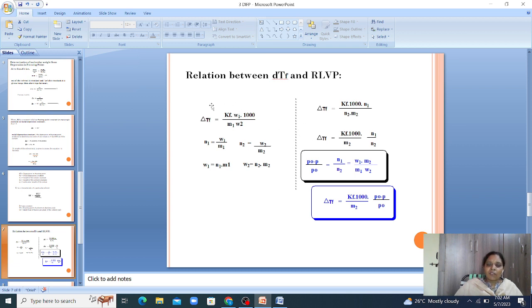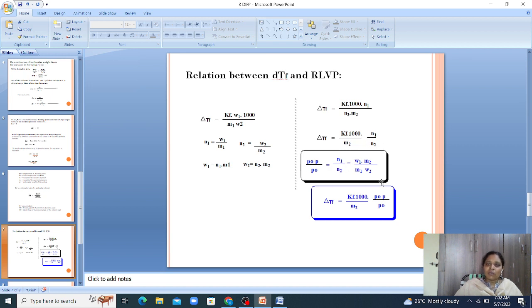Then the equation becomes delta TF equals Kf into 1000 into N1 upon N2 into M2. So if you take the number of moles of solute and solvent aside, then the equation becomes Kf into 1000 by M2 into N1 upon N2.